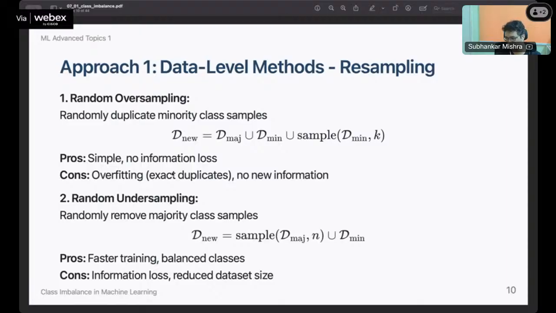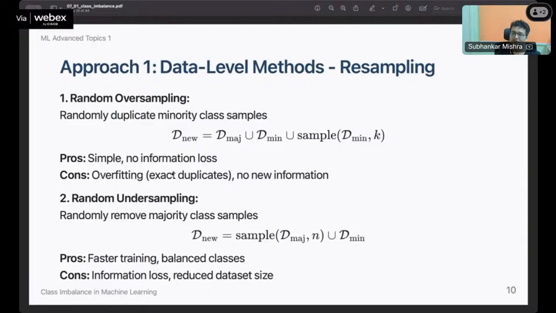You just duplicate the minority samples or observations that you have. The pros are that it's simple and there is no information loss. The cons are that we are just creating exact duplicates. If the machine gets trained on those exact values again and again, because in a single epoch we keep looking at the duplicated observations, no new information comes, and eventually we overfit.